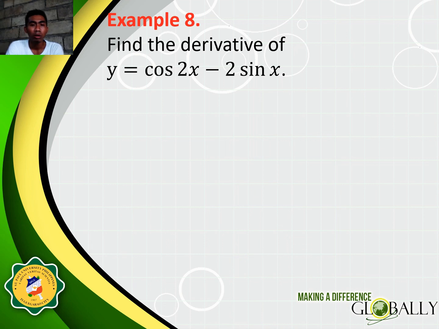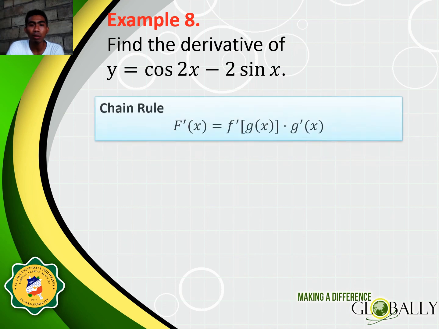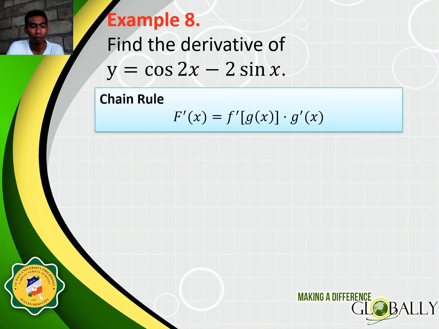Considering cosine x be your f of x and 2x be your g of x, this expression, cosine 2x, is actually a composite function f of g of x. So to solve this example, let's recall the chain rule.